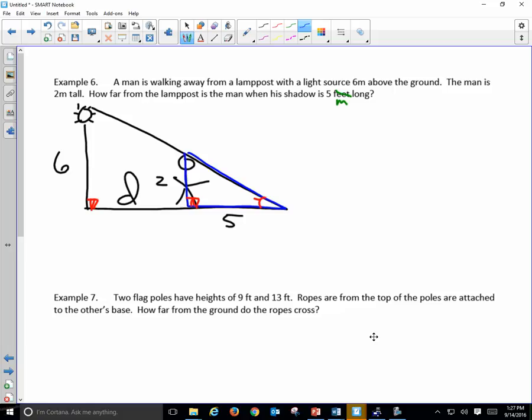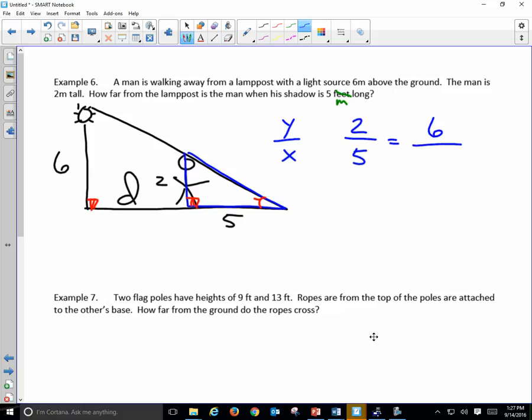Proportional means we can take the height divided by the length. I'll say y over x. So I just write down a ratio so I can help myself organize this. So what's the height of the man? 2. And what's the length of his shadow? 5 equals, what's the height of the lamppost? 6.